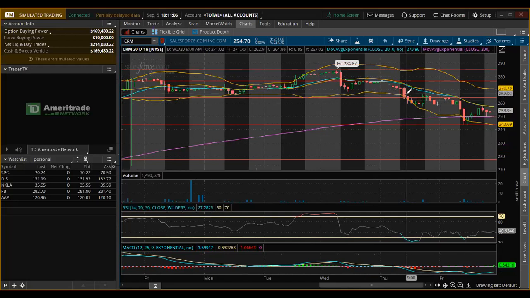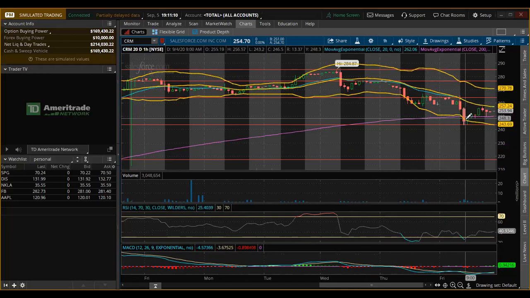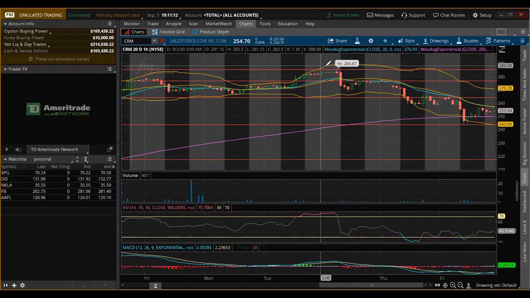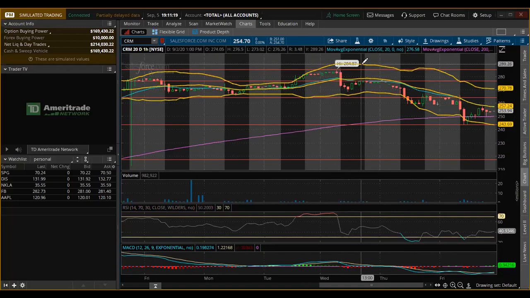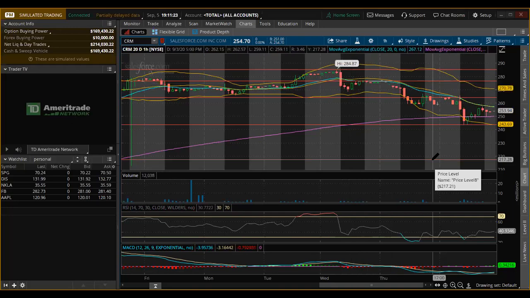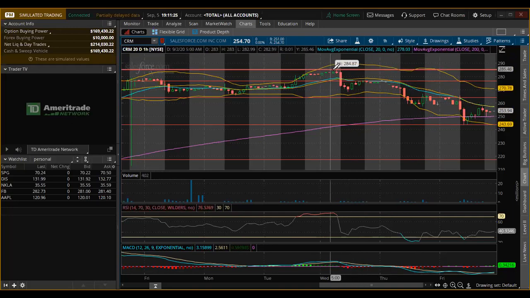Over here, it broke through a little bit, started playing with it, came all the way down, and that's where you see that. Hit close to the top of the Bollinger Band, pushed back down. So the way I would look at this is I wouldn't mess with it. A lot of people try to read these for puts.